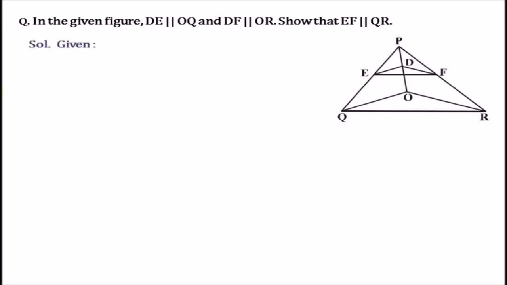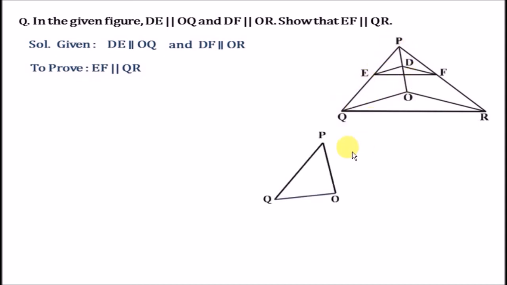First, it is given that DE is parallel to OQ and DF is parallel to OR. We need to prove EF is parallel to QR. So DE parallel to OQ can be worked out in the triangle POQ. In triangle POQ, DE is parallel to OQ.